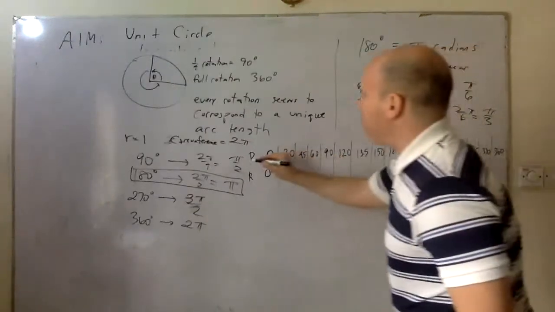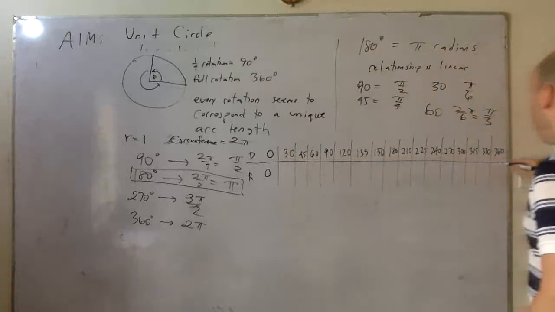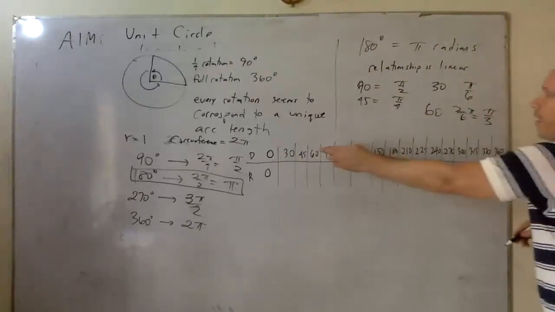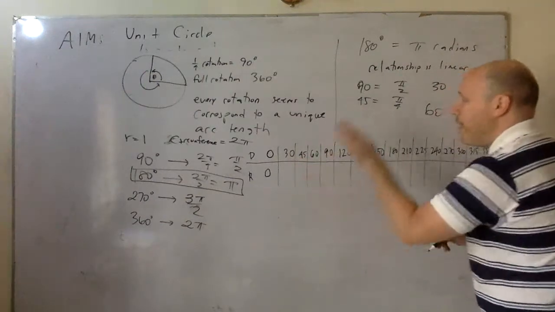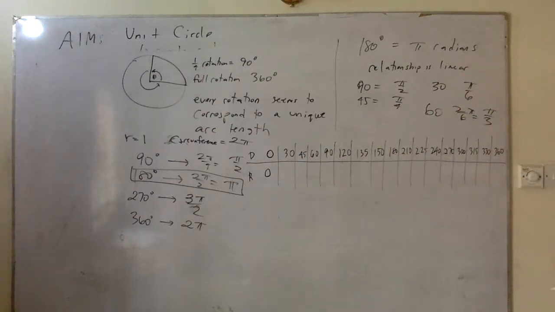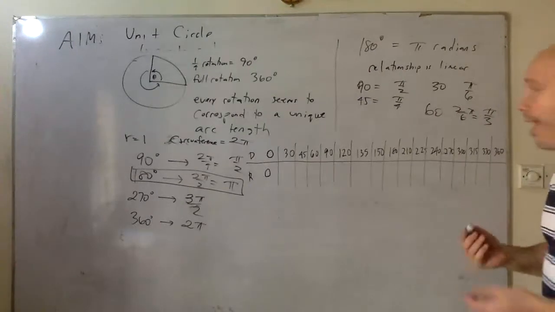Why are these important? Because every single one of these angles is a multiple of 30, 45, 60, or 90. Which is perfect. So let's start to fill this chart in.